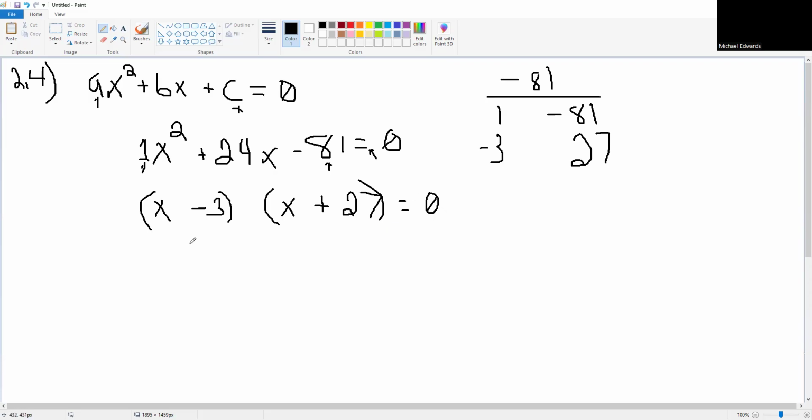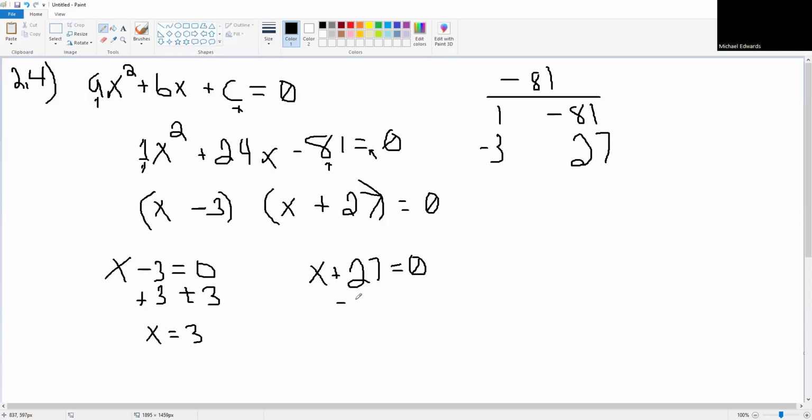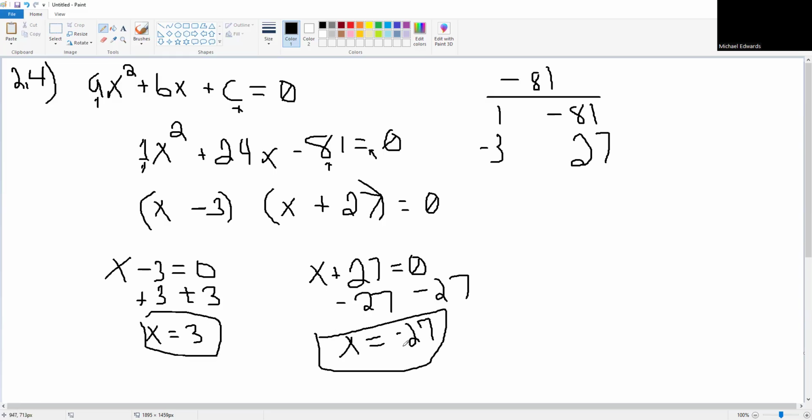So x minus 3 equal to 0, and x plus 27 equal to 0. This one, we add 3 to both sides, and this is x equal to 3. This one, we subtract 27 from both sides, and this is x equal to negative 27. And those are your answers.